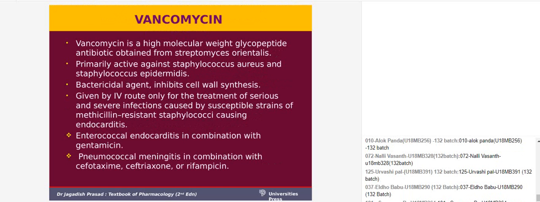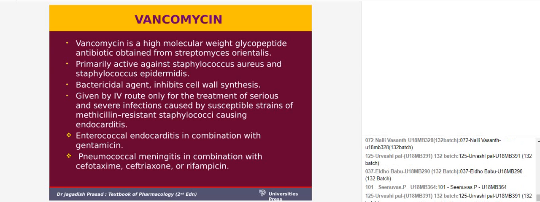And vancomycin is a high molecular weight glycopeptide antibiotic obtained from Streptomyces orientalis and primarily active against Staphylococcus aureus and Staphylococcus epidermidis. It is a bactericidal agent that inhibits cell wall synthesis. It is given by IV route to treat severe infections caused by susceptible strains, including methicillin-resistant staphylococci causing endocarditis.